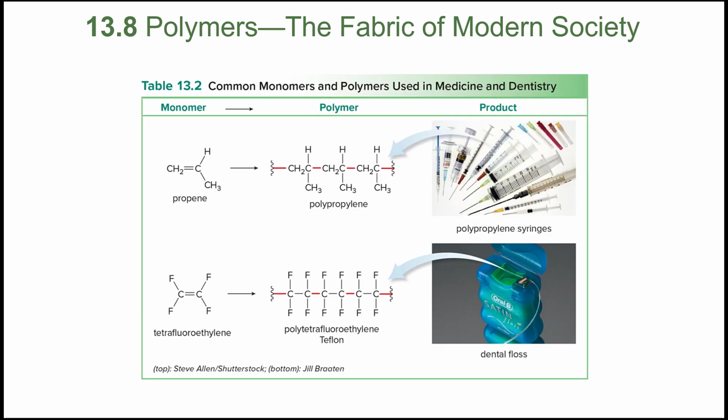So propene can make polypropylene, which in recent days you may have heard of as it's used in surgical masks and is good protection against the COVID-19 virus. We also can see polypropylene in various syringes. And then tetrafluoroethylene is another repeating unit that can be used to make polytetrafluoroethylene, Teflon, which can be used in dental floss.